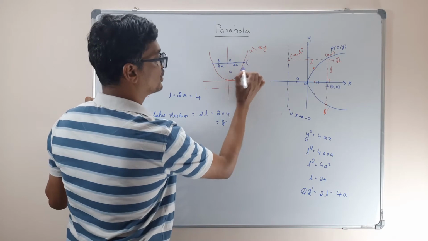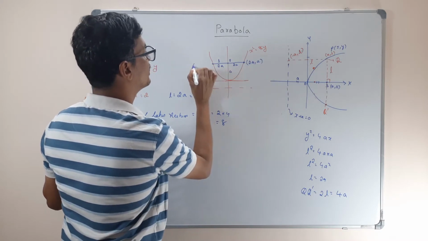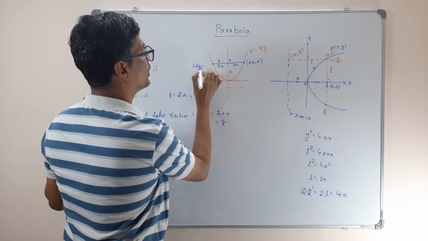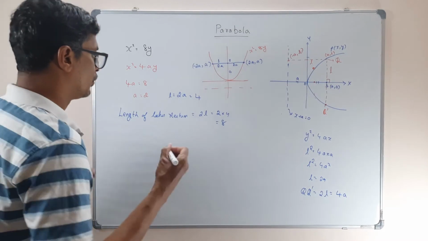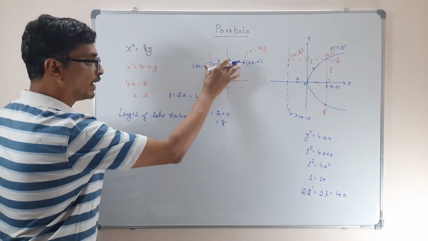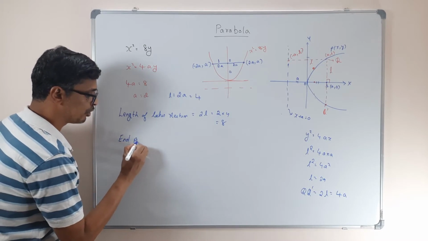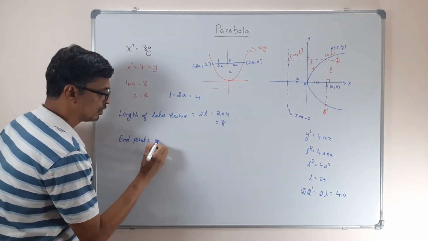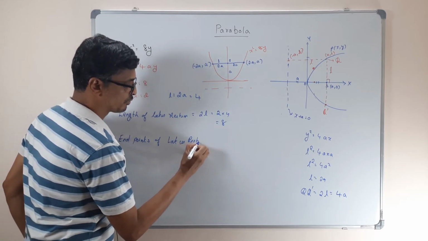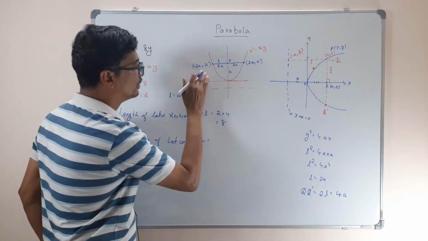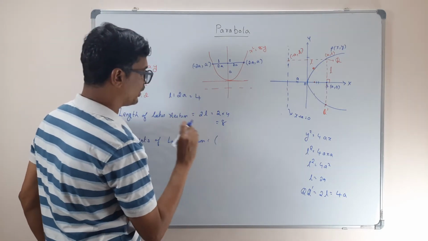So this is 2A, comma A, and this is minus 2A, comma A. So the endpoints of the latus rectum will be: one is minus 2A, comma A. What is A?